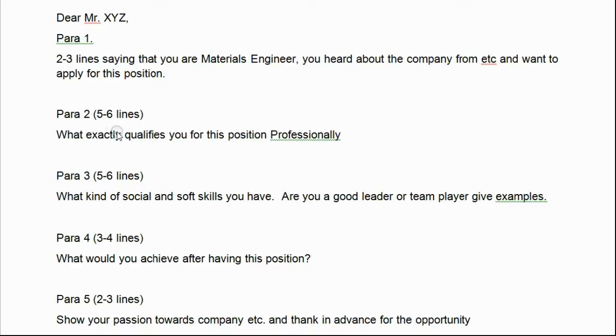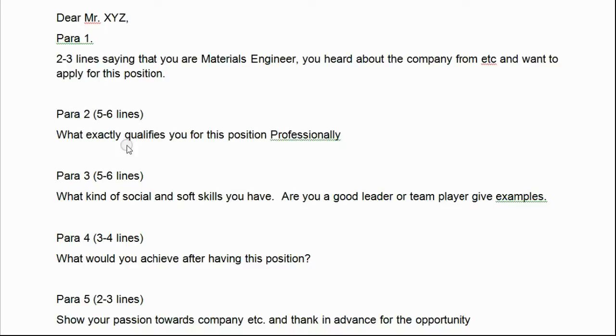Then come 5 to 6 lines. These are very important lines where you mention exactly, by giving examples, no journal information. Give real examples of what you have done in your career that relates to this particular job, not the company, this particular job. And please try to use the words which are used in the advertisement of the job.